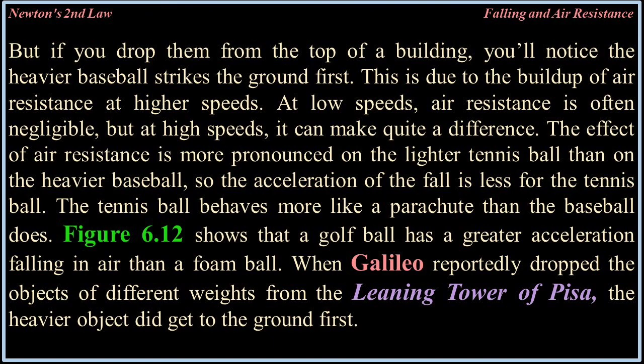Figure 6.12 shows that a golf ball has a greater acceleration falling in air than a foam ball. When Galileo reportedly dropped objects of different weights from the Leaning Tower of Pisa, the heavier object did get to the ground first.